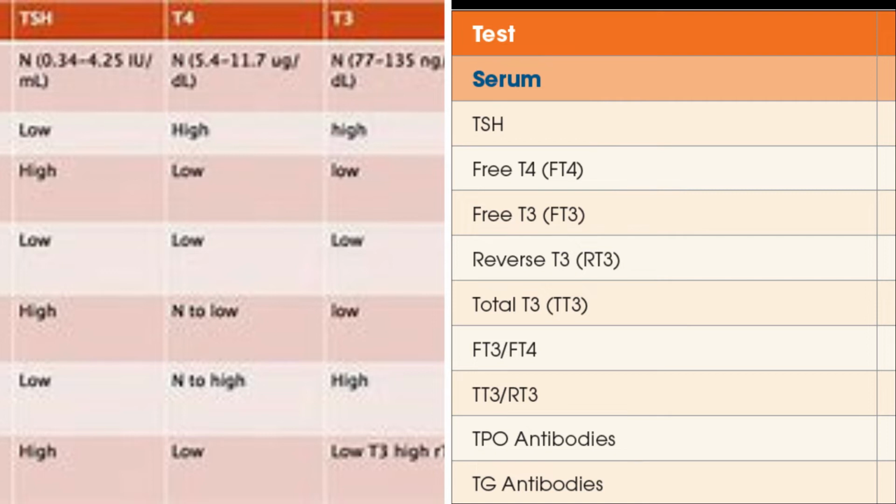So the thyroid function test includes T3, T4, TSH, and usually T uptake is done to monitor the glands for hyperthyroidism. A T7 is a calculation that is done from those tests I just mentioned.